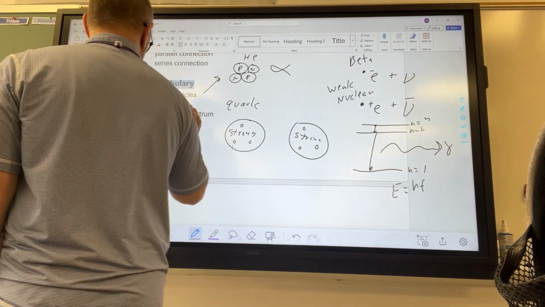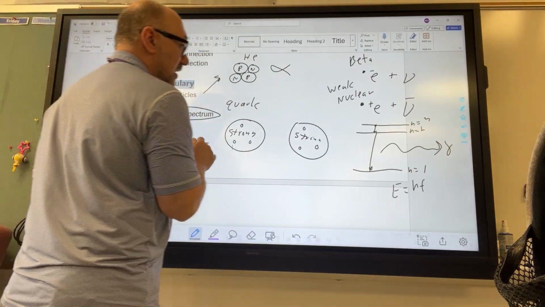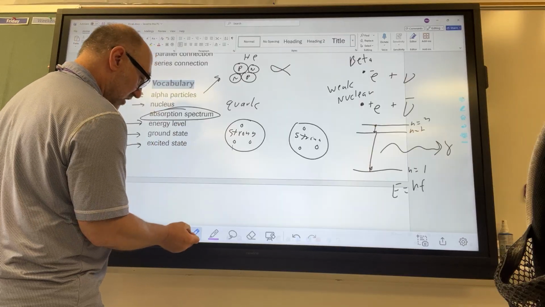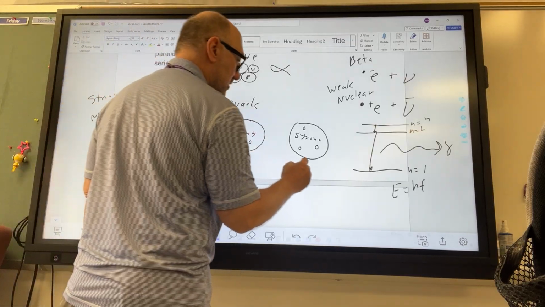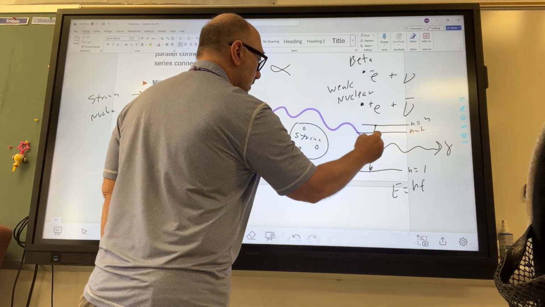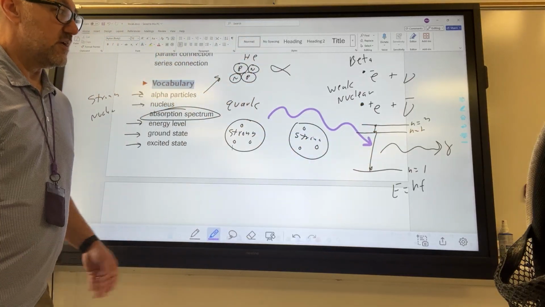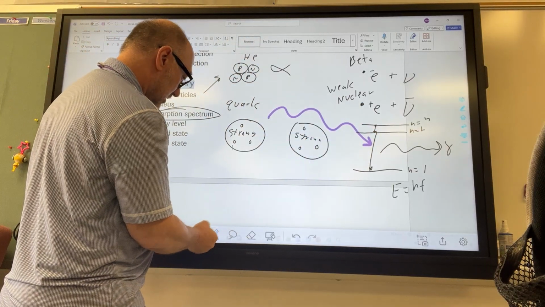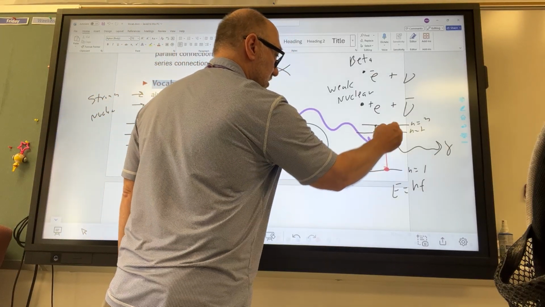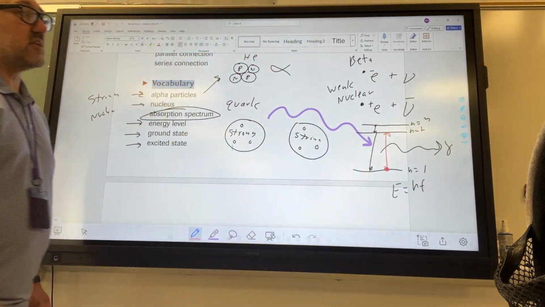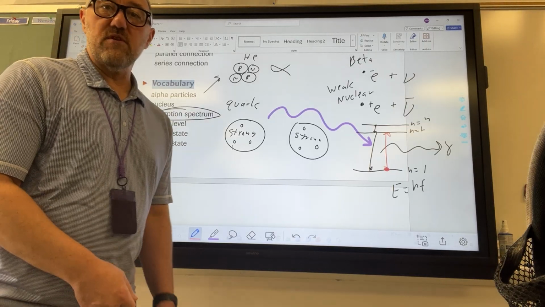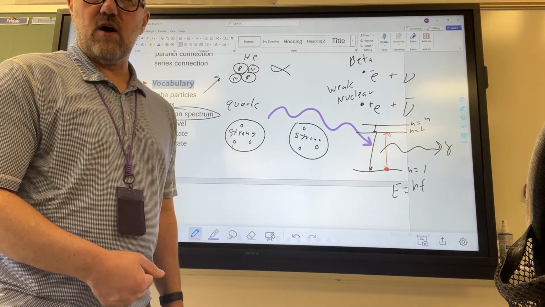And absorption spectrum, we don't need to know that word so much, but when the light is coming in, there's certain frequencies that cause the electrons to jump up to the excited state. So yeah, just a quick rundown of some of the vocab that I thought was important.